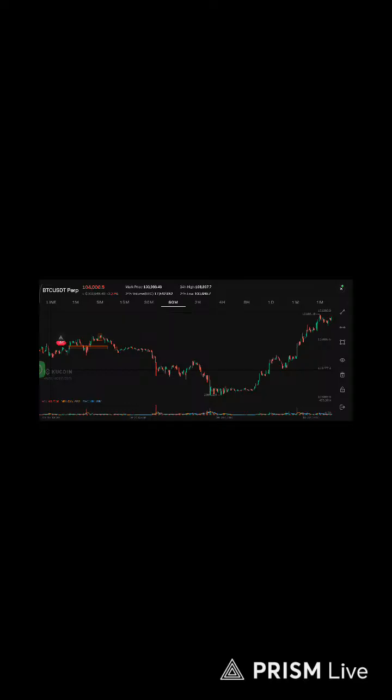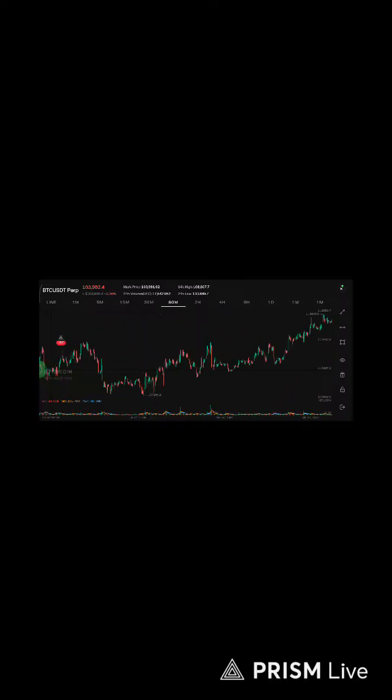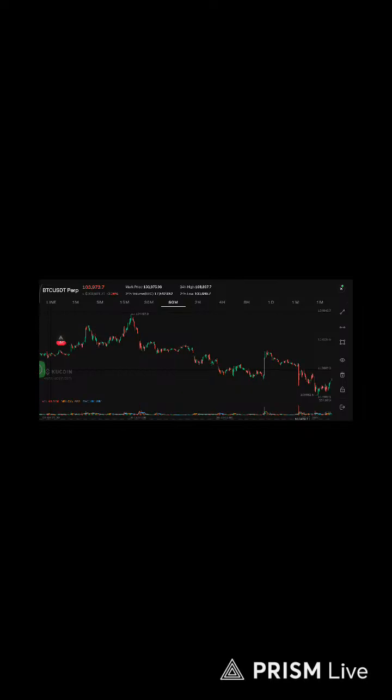And all of a sudden, we saw a doji candle closer to the support zone, because once it occurs at the support zone, that makes it a strong confirmation if you combine it with another strategy.